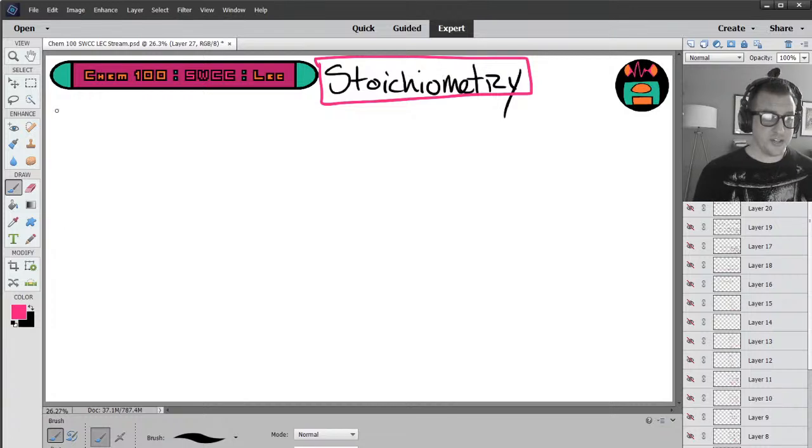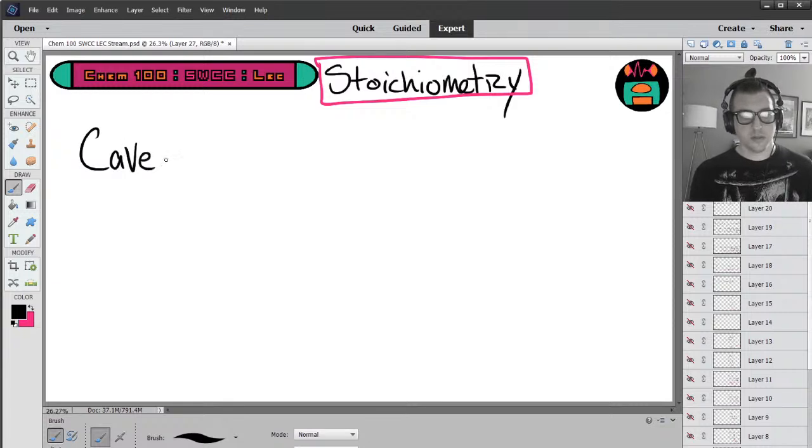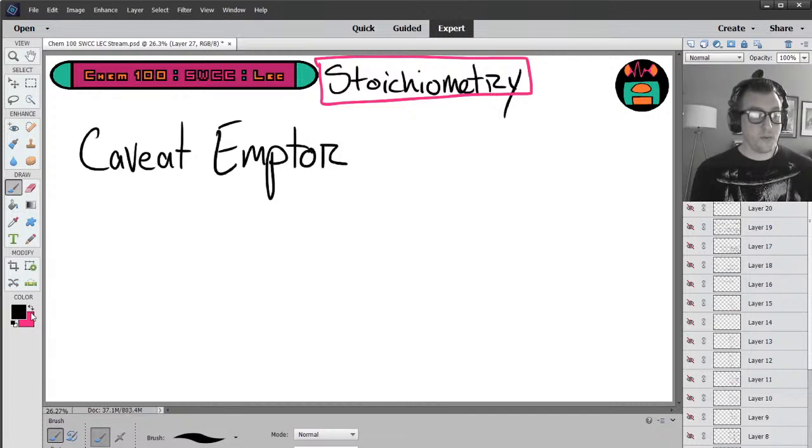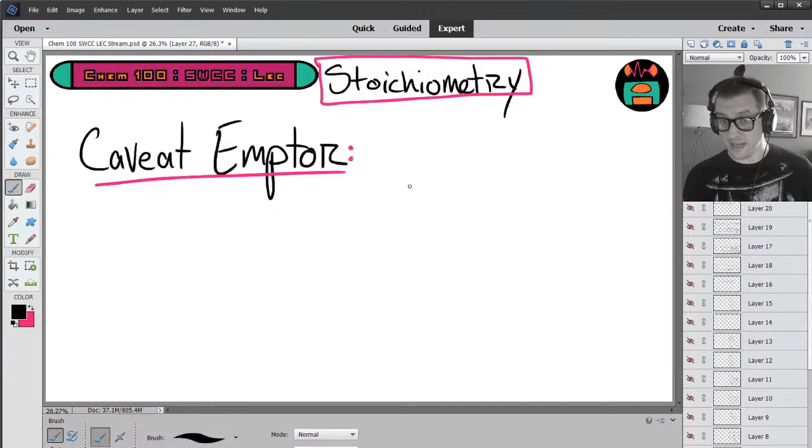And I have to issue a caveat emptor for this topic. Caveat emptor is a Latin expression, and it means buyers beware.